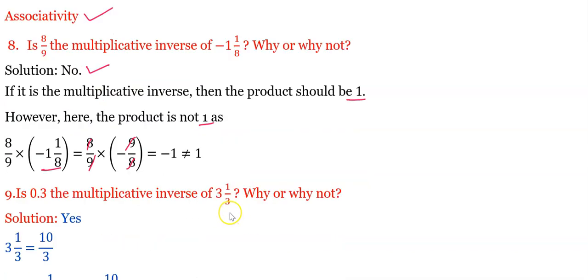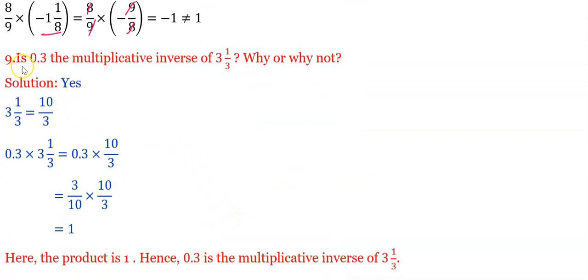And therefore 8 upon 9 is not a multiplicative inverse of minus 1 and 1 by 8. Okay. Next, is 0.3 a multiplicative inverse of 3 and 1 by 3? Why or why not? It is a multiplicative inverse. Now 3 and 1 by 3 can be written as 3 into 3, 9 plus 1, that is 10 by 3.